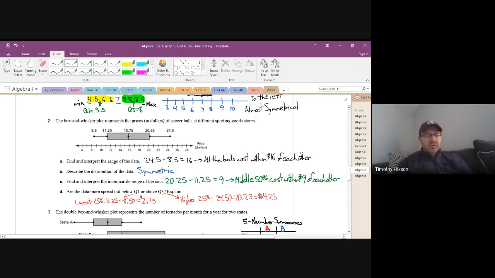$4.25. So are the data more spread out below Q1 or above Q3? It would be above Q3.